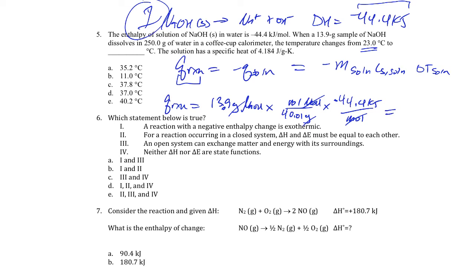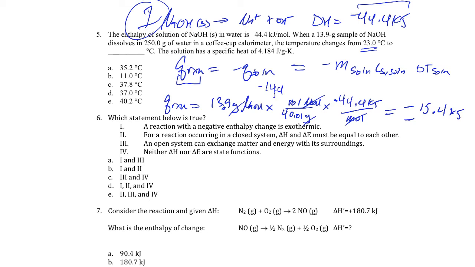So 13.9 divided by 40.01 times 44.4 is minus 15.4 kJ. So it's relatively important that we keep the minus sign here and this minus sign. And let's go to joules.